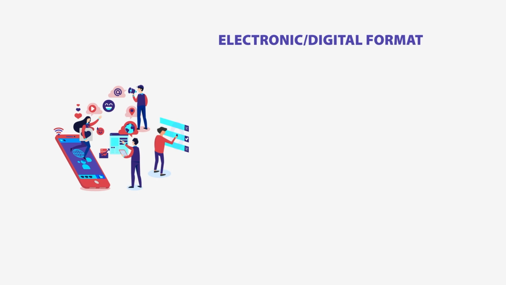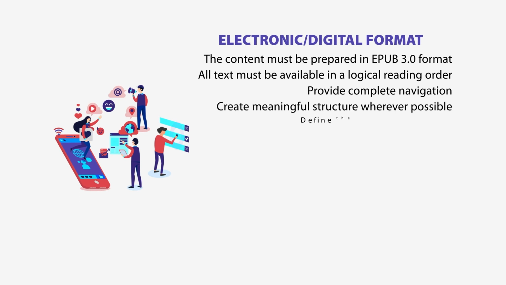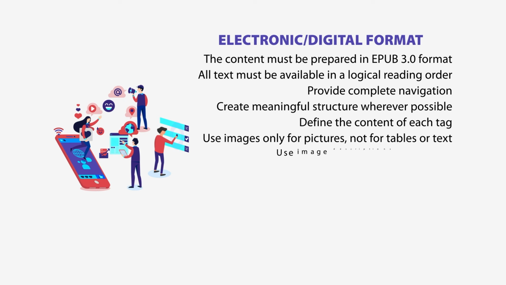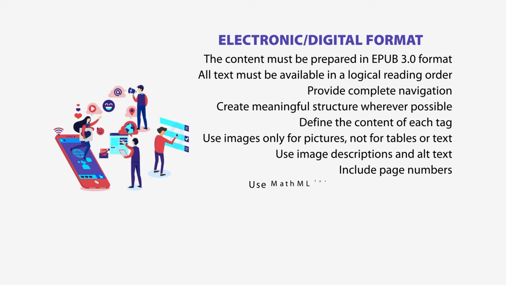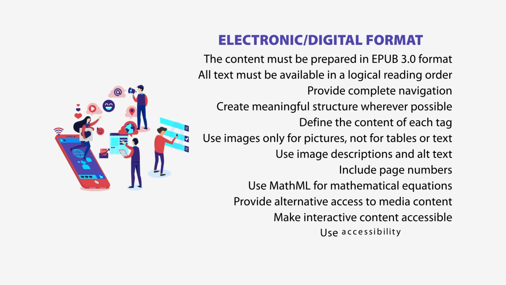Then electronic digital format, when we talk about it, the content must be prepared in EPUB 3.0 format that is available on the website also. If you visit any website and search for EPUB 3, then everything will come on your screen, and you can see what things are under that.